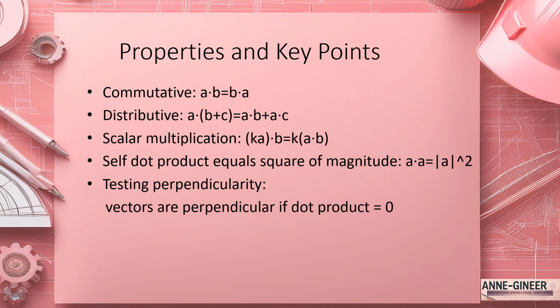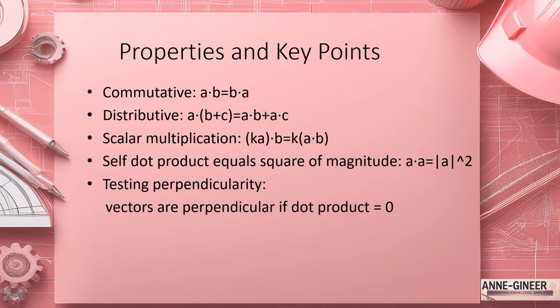Commutative meaning A dot B is equal to B dot A. And distributive meaning A dot the quantity B plus C is equal to A dot B plus A dot C. So for scalar multiplication, the quantity kA dot B is equal to k times the quantity A dot B. If you do the dot product of a vector with itself, that product is equal to the square of its magnitude.